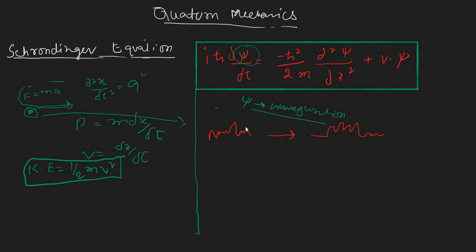And because waves are associated, so is the equation. We cannot use the regular Newton's equation for getting important parameters like momentum or position. That is why we are using what we call Schrodinger's equation, where this psi is simply the wave function, which gives us an idea of where the particle is, or rather, not exactly where, but where the probability of a particle is most likely to be.